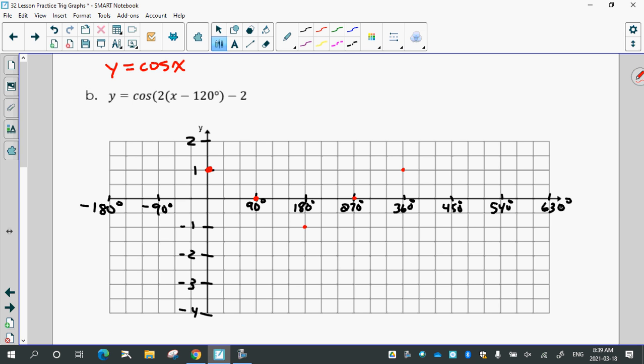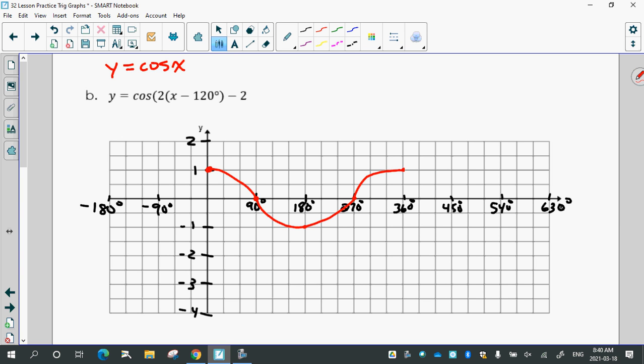And then from 90 to 270, it's like a smile. And then it's like you're going into two frowns. So from 90 back to 0, you're starting to frown. And same with 270 to 360, you're drawing it in like a frown. That's one cycle of y equals cos x.